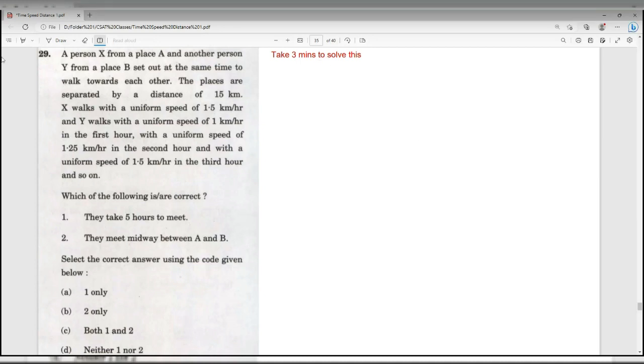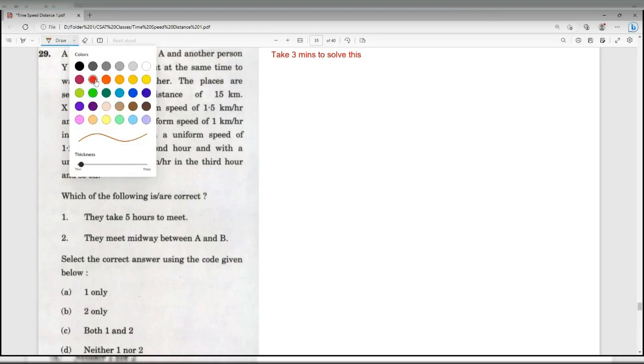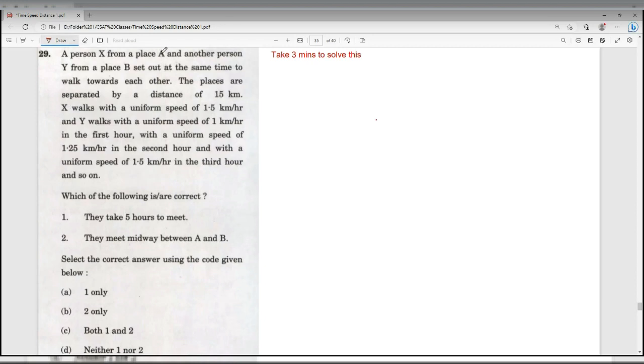So what they're saying is, a person X from a place A and another person Y from a place B set out at the same time to walk towards each other. The places are separated by a distance of 15 kilometers.